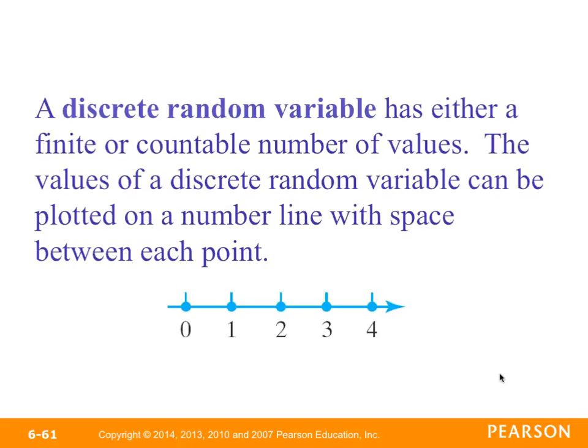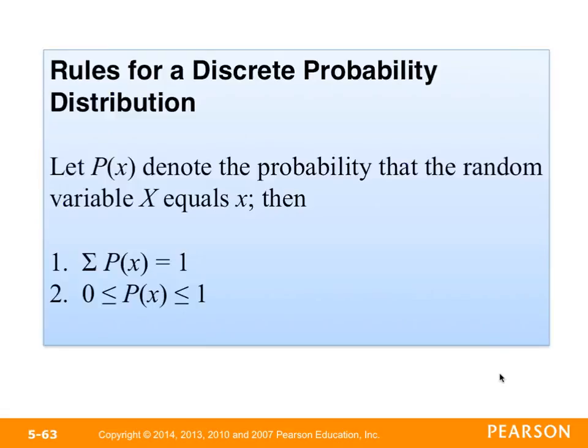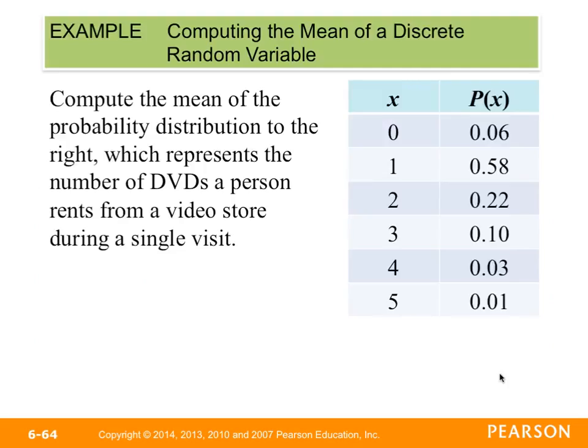The values of a discrete random variable can be plotted on a number line, so you could count them. We also have continuous random variables, which are uninterrupted if we plot them on a number line. We have a couple of rules. When we add everything up, it has to be 1, so all of the probabilities have to sum to 1, and all of the individual probabilities have to be between 0 and 1.